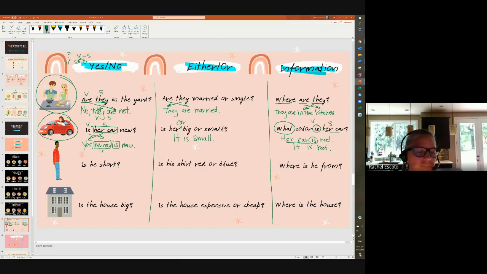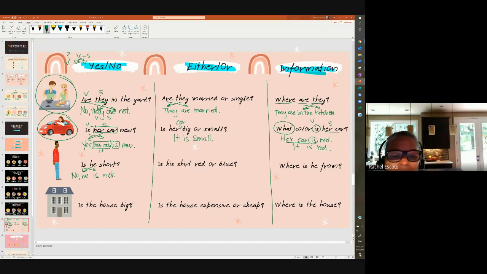Okay, is he short? No, he is not. Again, subject and verb switching. Is his shirt red or blue? Here's my verb, here's my subject.